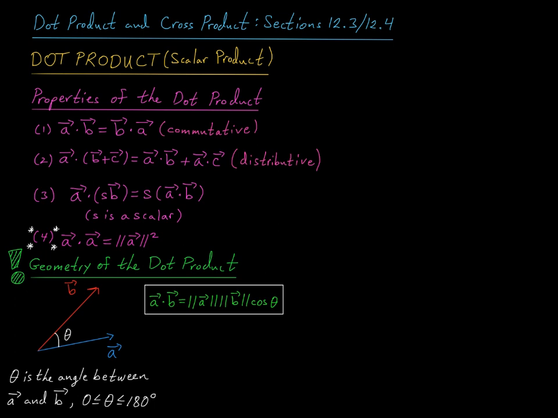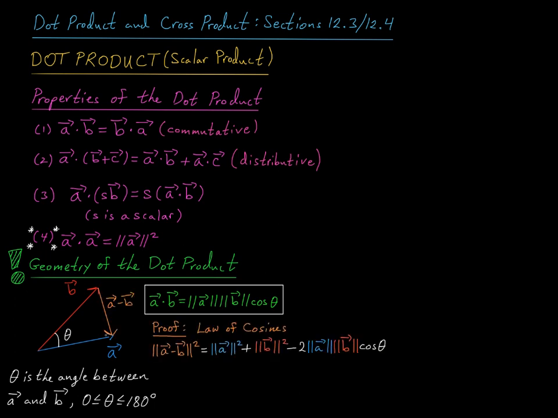All right, so to prove this, let's go ahead and form this triangle where this side in orange that runs from the tip of B to the tip of A, well, that is just the vector A minus B. And since for a general pair of vectors A and B, this triangle won't necessarily be a right triangle, I'm going to apply the law of cosines here to relate the sides and this angle theta.